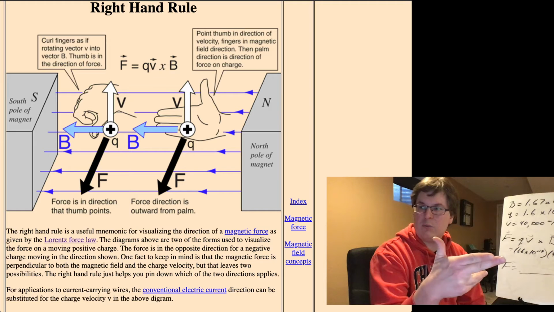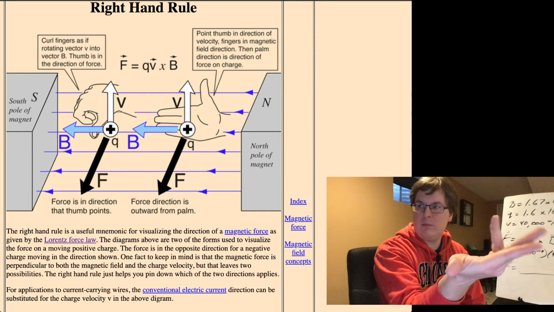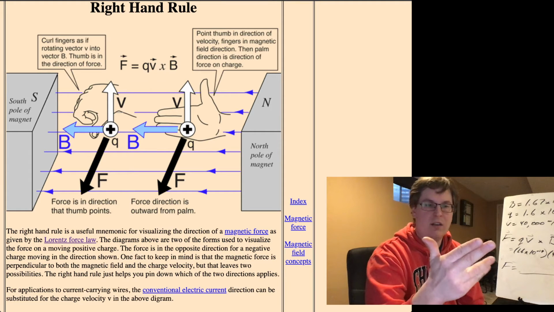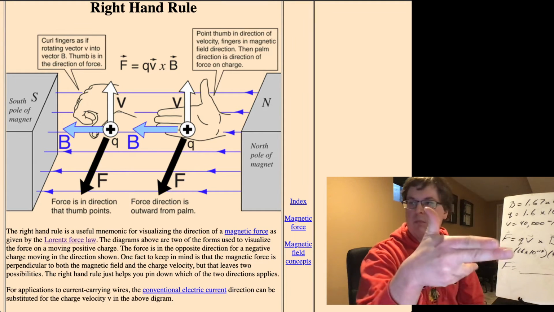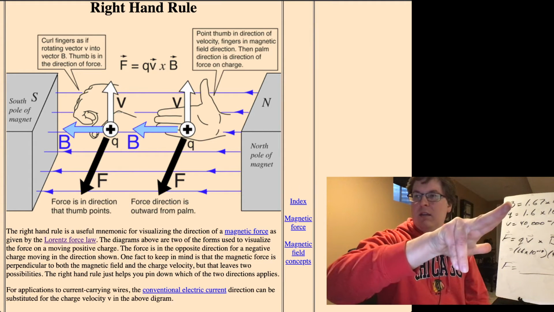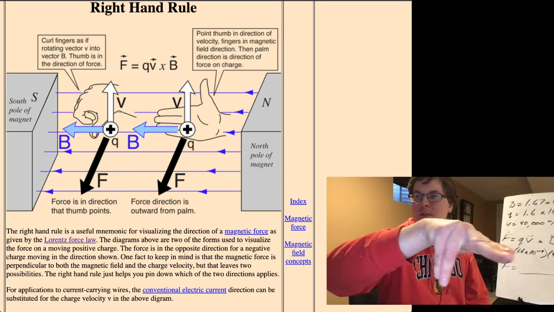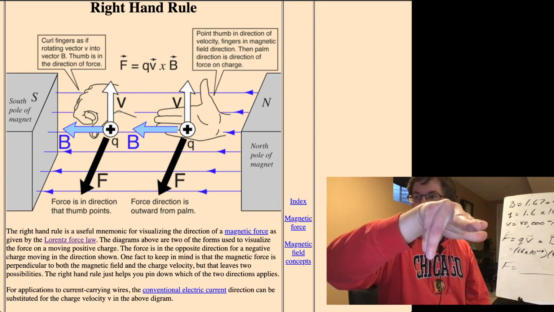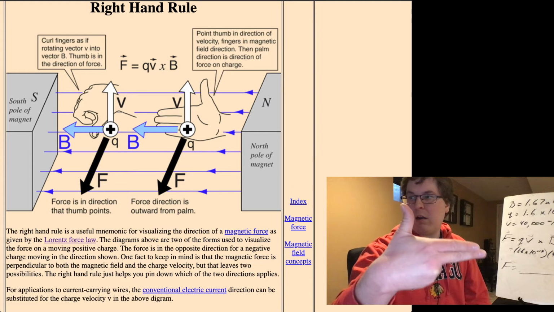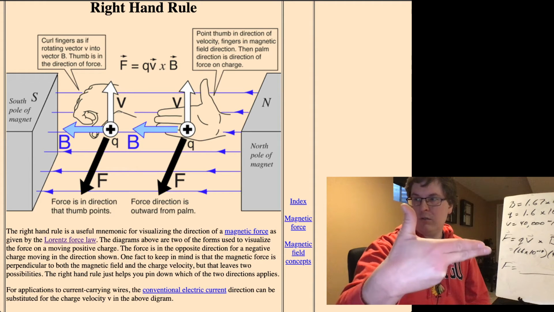And then the direction that your palm points. So with my other 2 fingers here, and this is really hard, I'm making a shape with my hand that gives me 3 right angles. So my thumb and my fingers here are at a right angle to each other, making a little finger gun.